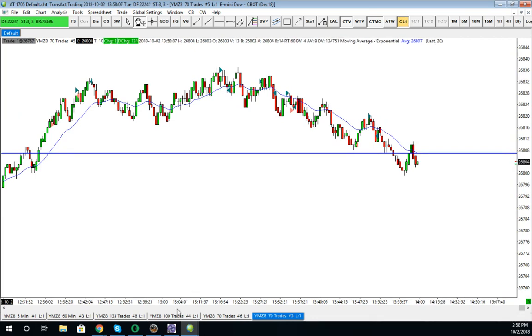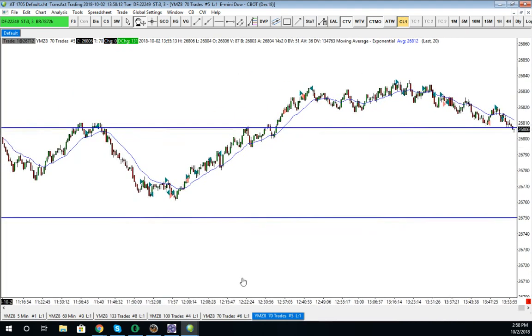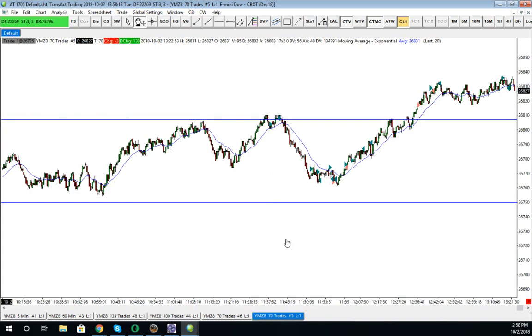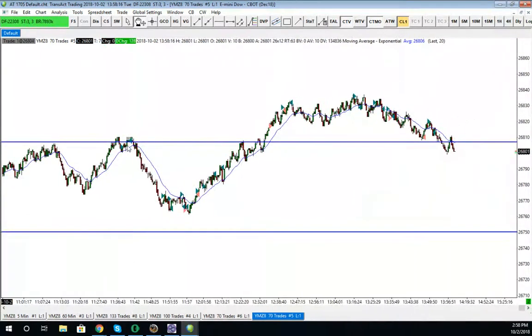Okay. I thought just because of all this activity here, it would maybe lend some support, but maybe it tried that, and now that support is resistance, right?